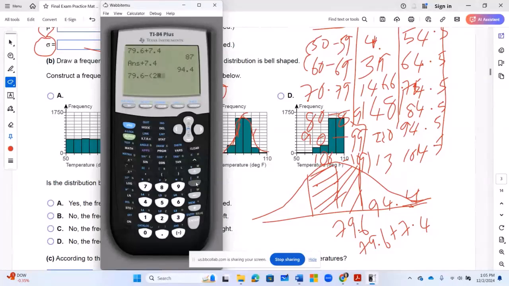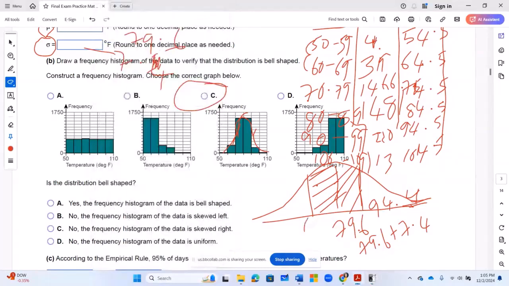I'm multiplying the standard deviation by 2 because I'm doing it together. And my answer is 64.8. So this boundary here is 64.8.